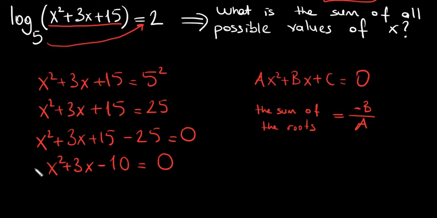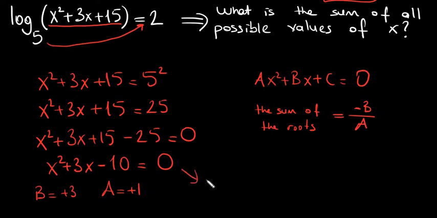Okay? So here in this case, b is positive 3 and a is 1. If there's nothing in front of x squared, as you can see, the coefficient of x squared is actually positive 1. So negative b is going to be negative 3 because b is positive 3.